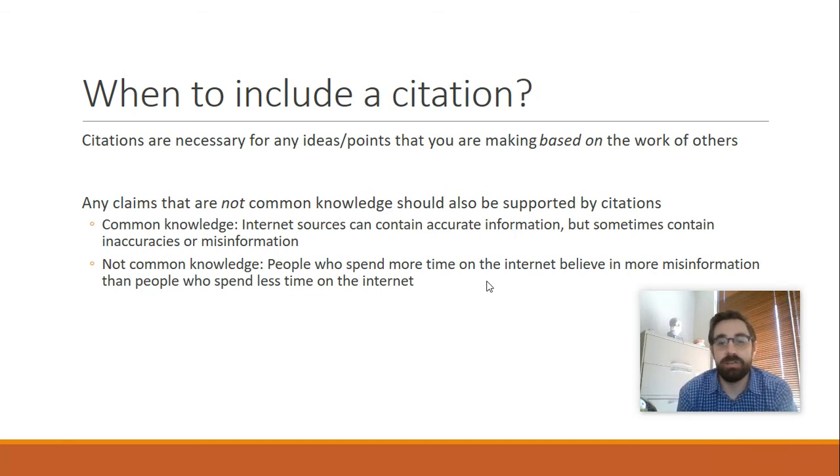However, a point like people who spend more time on the internet believe in more misinformation than people who spend less time on the internet. That's not common knowledge, and in fact, it may or may not even be true. So a point like that is not just basic common knowledge that everybody knows. It's going to require some citation. You can't just make claims like that without citation.